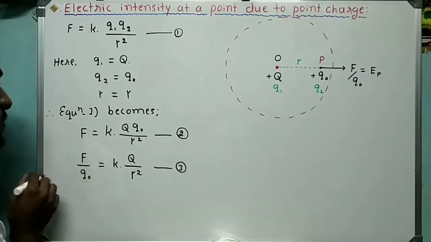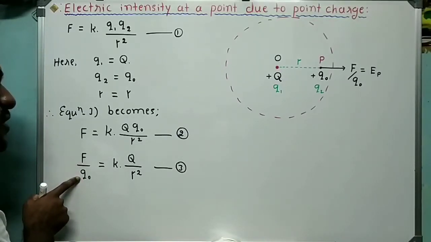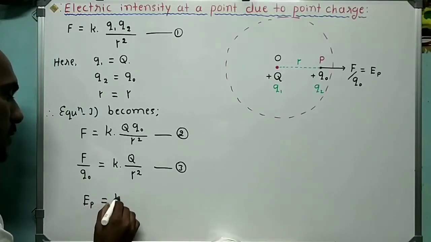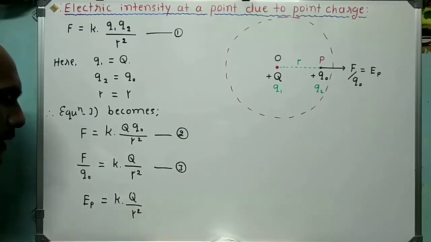By definition, we know that the electrostatic force experienced by the charge Q naught is nothing but the electric intensity at point P, that is equal to K into capital Q divided by R square.